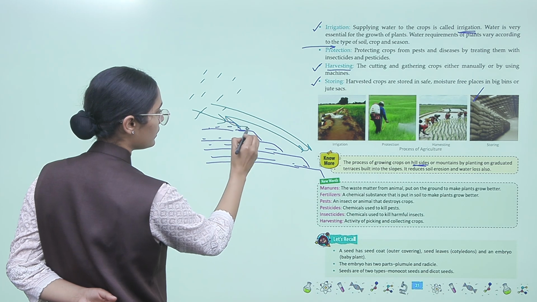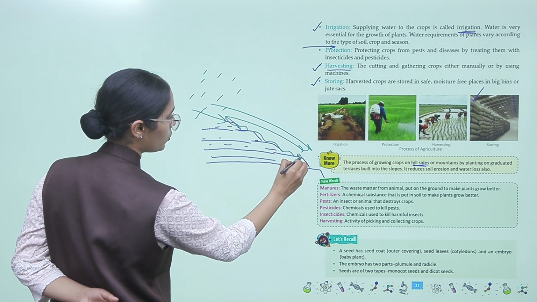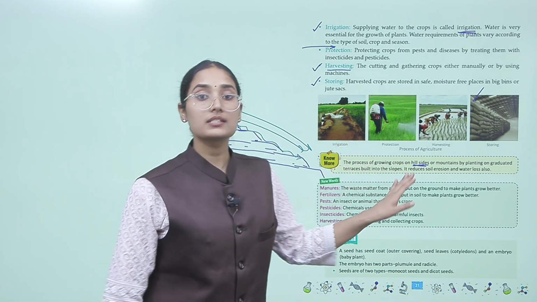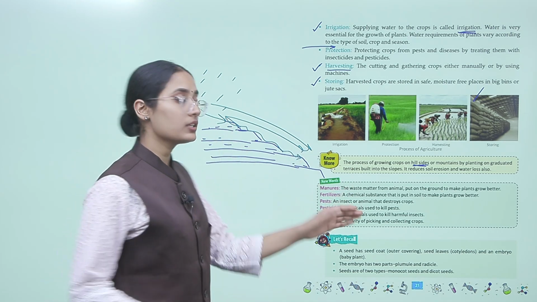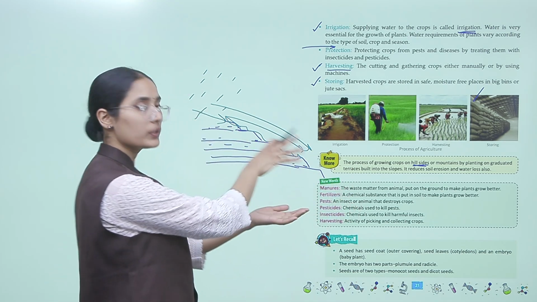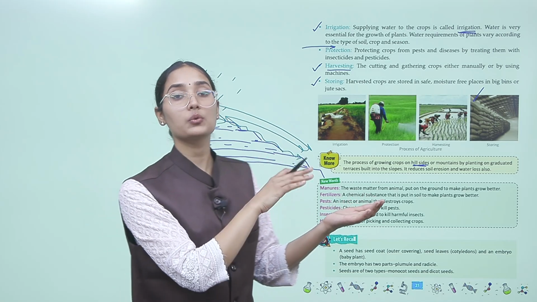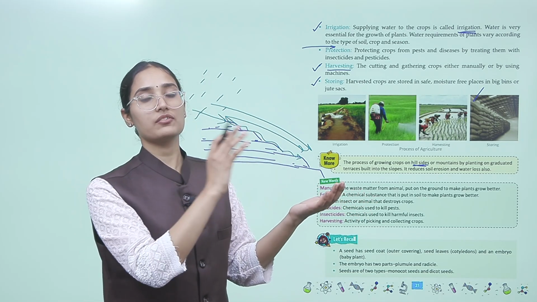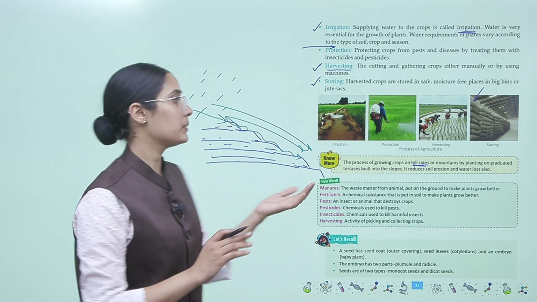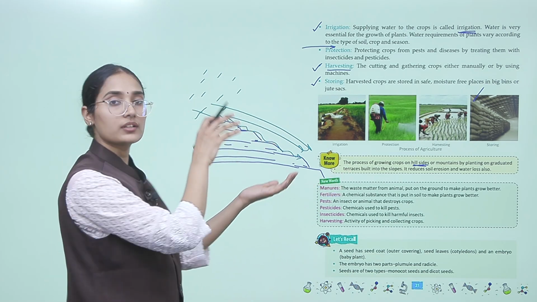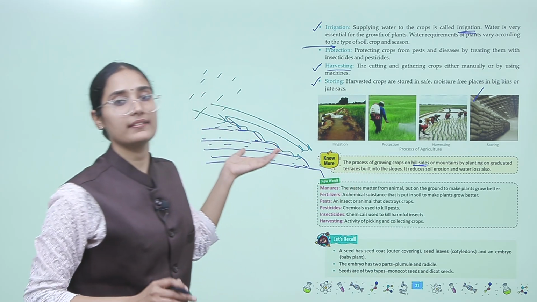This step will decrease the flow of water, thus reducing the soil erosion. What is soil erosion? The soil will not flow away with the water. It will stay in its place. Why? Because the force of the water has decreased by this method.